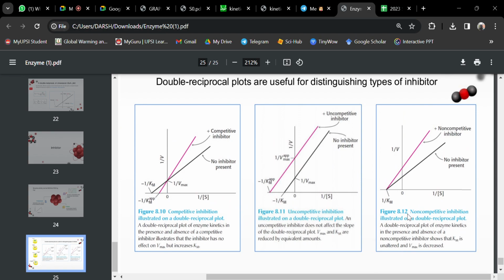Yang uncompetitive tu different Vmax, different Km. So yang ni ialah dia tak fight for that active site. What that type of inhibitor does, they can bind to the whole thing, to the whole enzyme substrate complex. The whole thing, so dia macam tak boleh bergerak langsung, tak boleh produce produk.